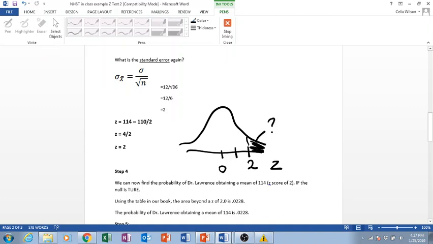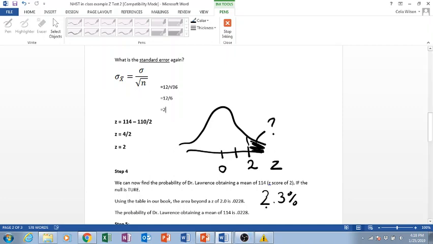What is this? So I can go to the back of the book. Using the table in our book, the area beyond the z is 0.0228. So the probability of Dr. Lawrence obtaining the sample mean of 114, if the null is true, is what? If we round it, it's 2.3, we could say 2.3%.